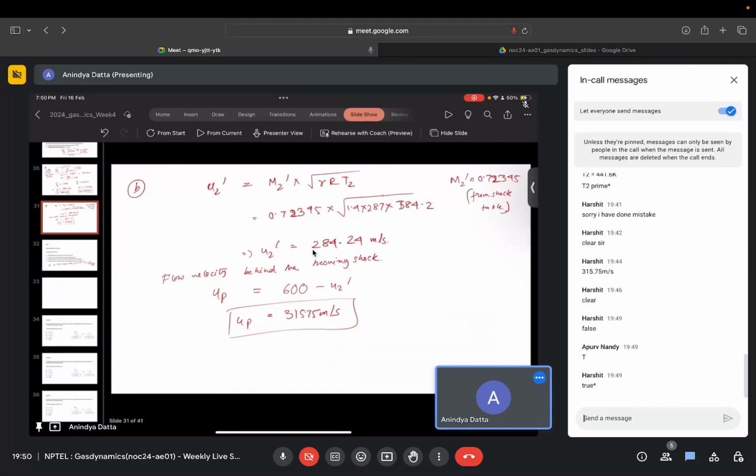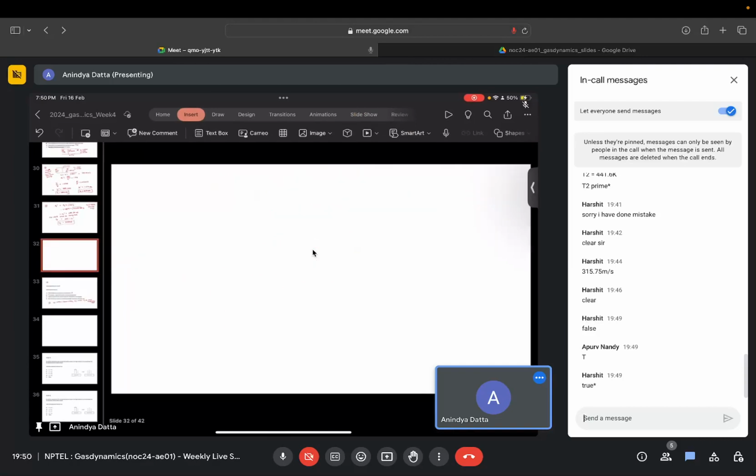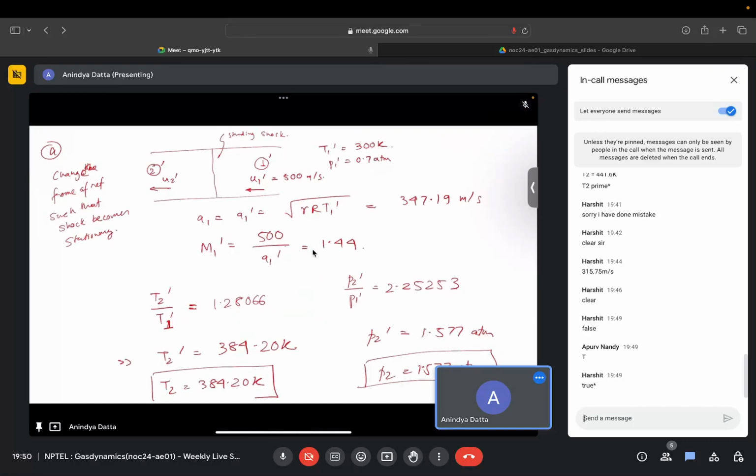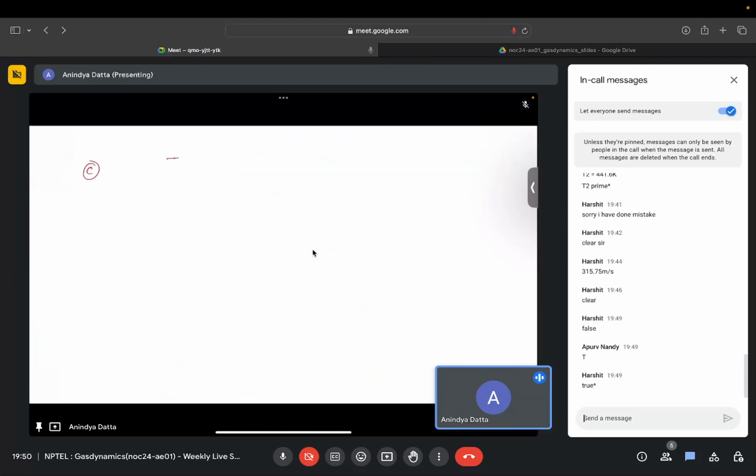So T01 is equal to T1 plus U1 square by 2 Cp, and T02 is equal to T2 plus U2 square by 2 Cp. Can anyone compute both these values and tell what the values are here?